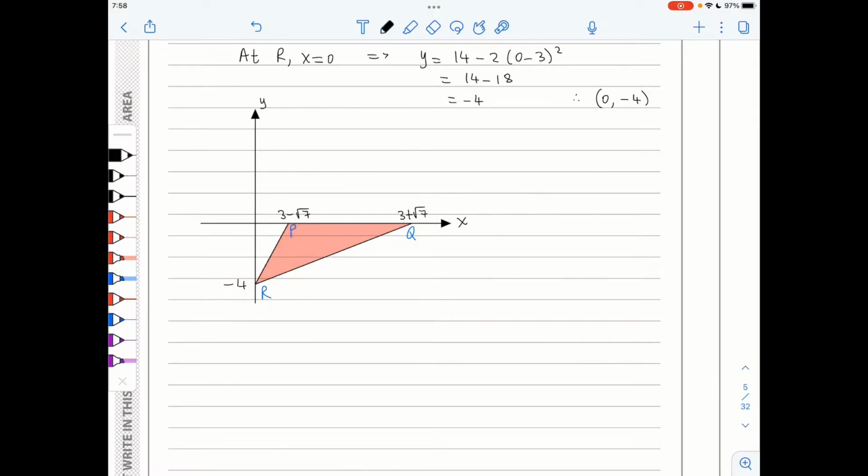It's obvious that the distance here is simply 2 root 7, and the height here is 4, and therefore the area of the triangle will simply be base times height over 2, which is 2 root 7 times 4 over 2, which is 4 root 7 square units.